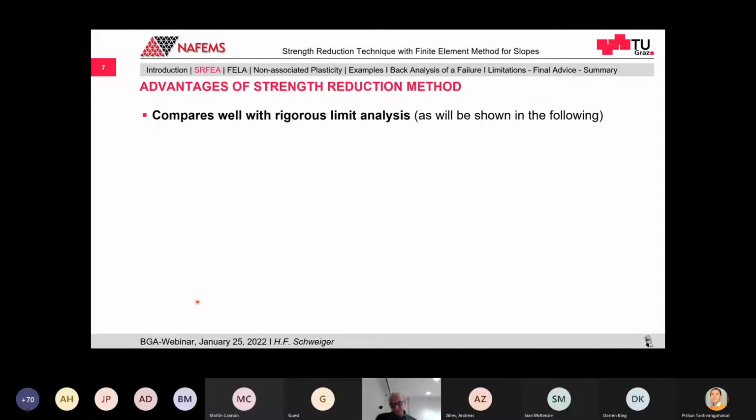Now, what are the advantages? First of all, as I will show, it compares very well with rigorous limit analysis. So limit analysis, as we will show later on, will give you under certain conditions the exact solution. And you can reproduce that with a very small margin with the strength reduction method.